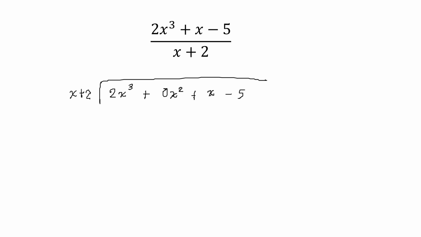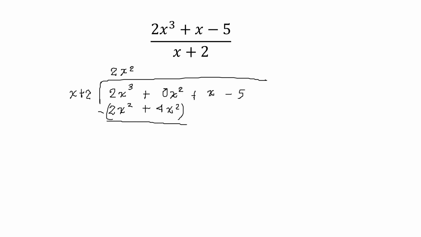So we divide the first term of the dividend by the first term of the divisor. In that case, that's 2x cubed divided by x. That's 2x squared. Then multiply. 2x squared times x is 2x cubed. 2x squared times 2 is 4x squared.